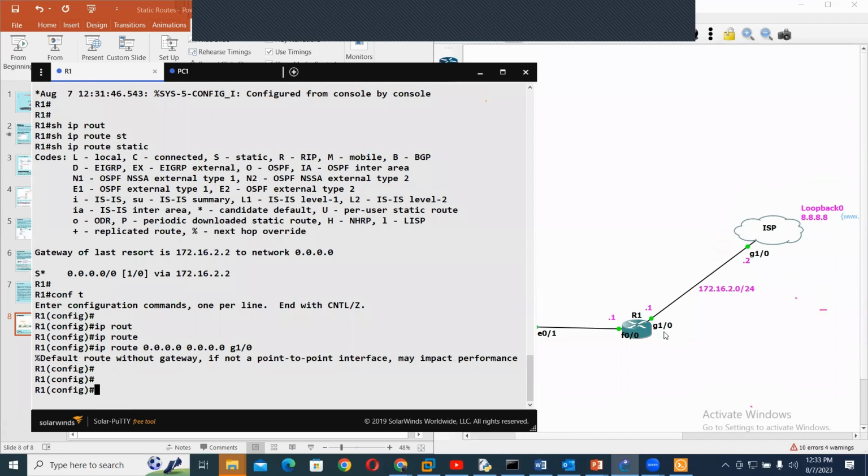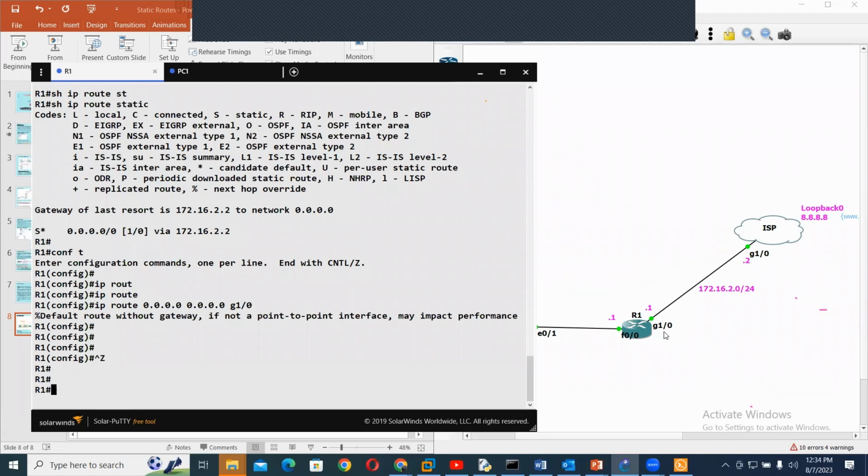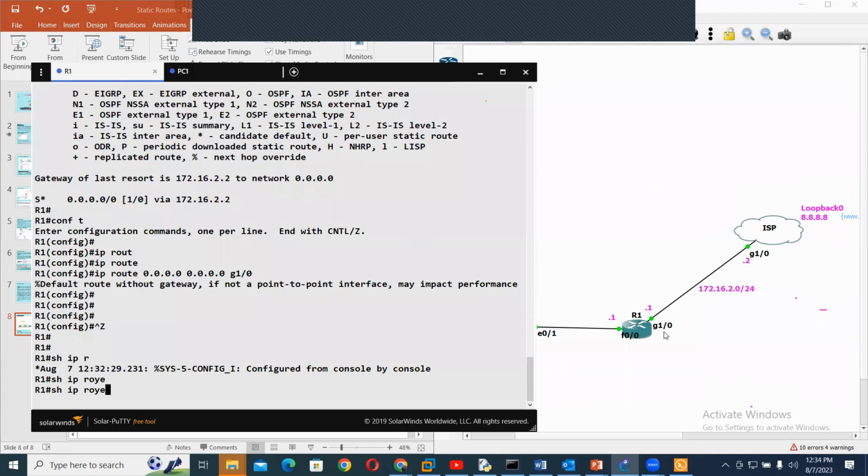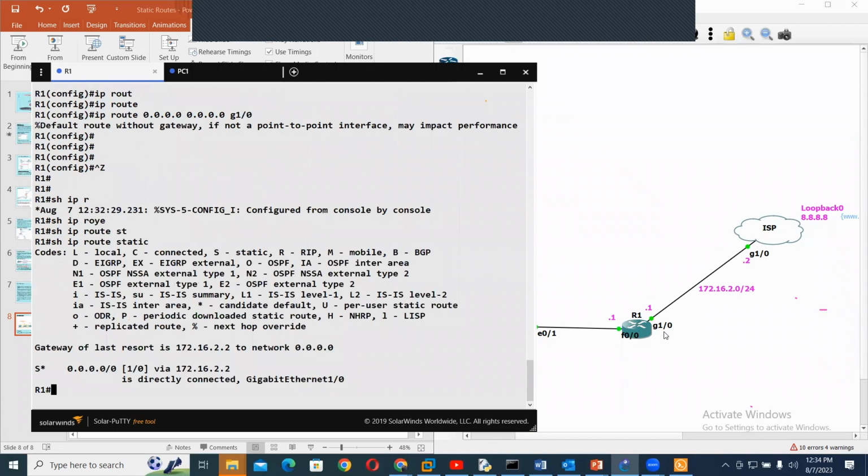You can configure that, yes. Show IP route static. Wow, you can configure it, and as you can see here.